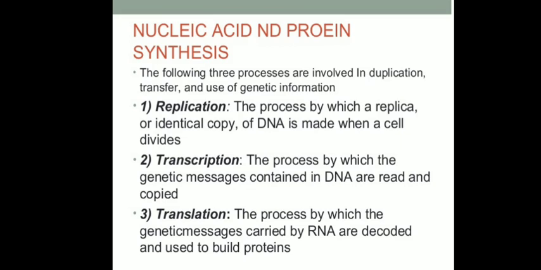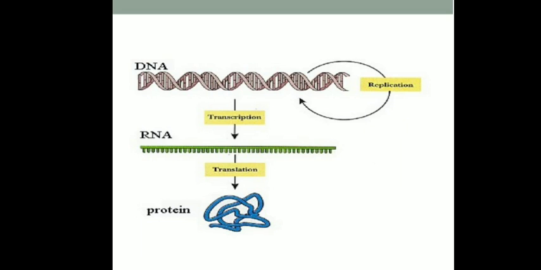The process of synthesis of mRNA from the DNA molecule is known as transcription. And after the synthesis of mRNA, the synthesis of protein molecule with the help of mRNA is known as translation. So here is the central dogma.